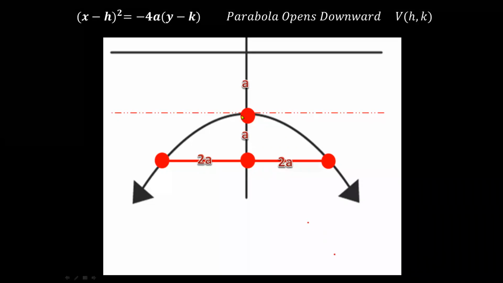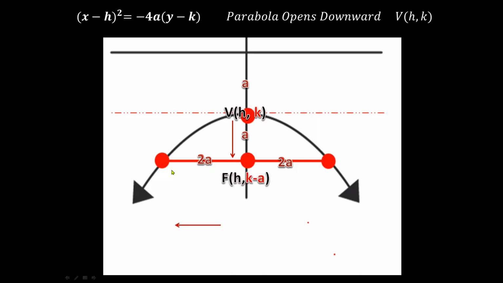If vertex, H and K, moving downward to the focus, ano ang coordinate? H, K minus A. Okay, very good. If I will move to the left, ano yung endpoint natin?